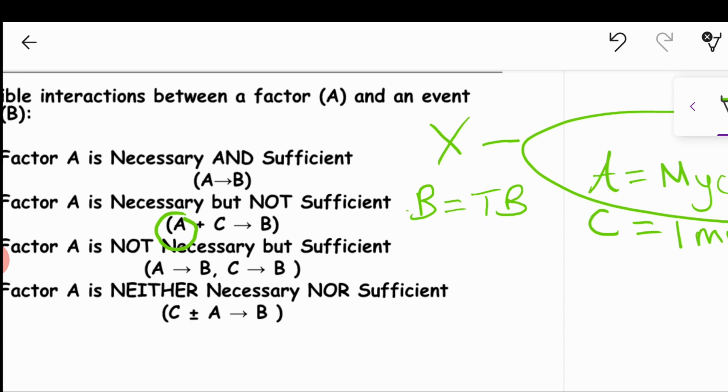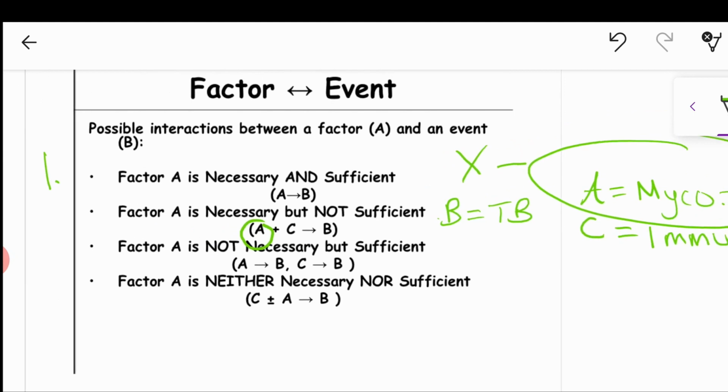All right. So A is necessary to cause TB because obviously we need the bacterium. However, C is needed as well. All right. Moving on, factor A is not necessary, but it is sufficient.